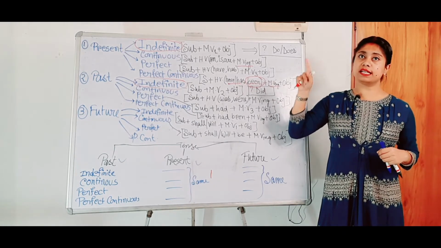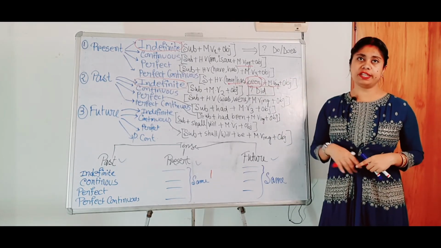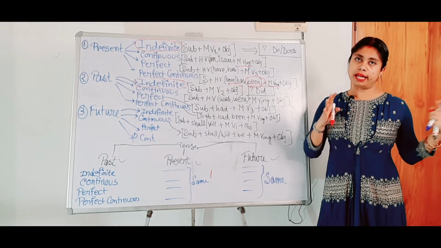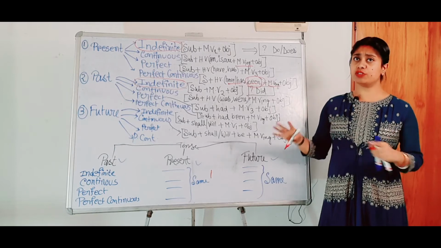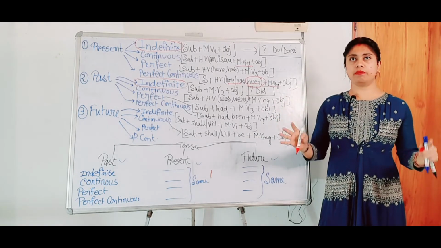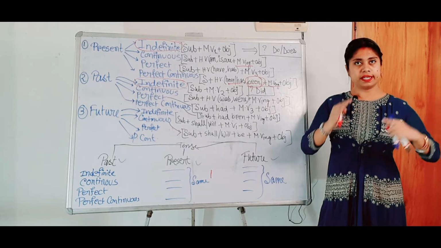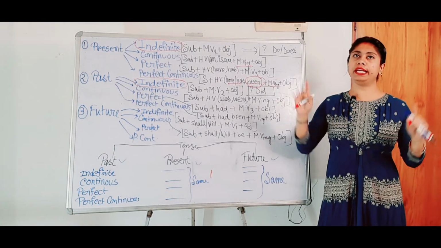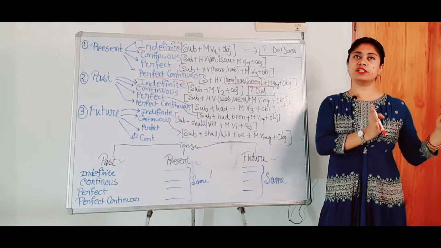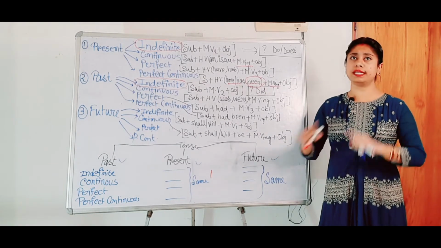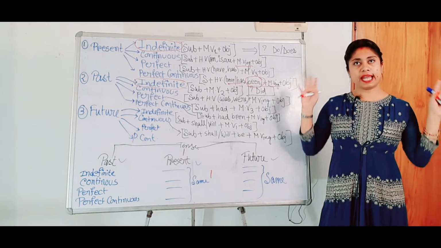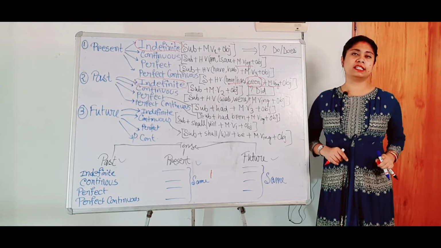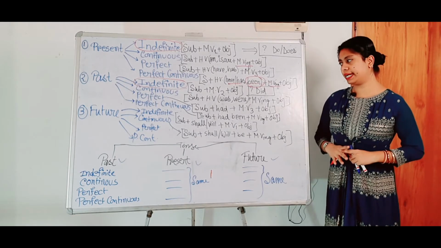Shall goes with I and we generally, but sometimes there are some extra rules that I'm not going to say in this video right now. But generally remember that I and we use shall, and for the rest, you, he, she, they, leaving the first person, second person, third person, singular, plural, with everything the word will can be applied. It will be the proper future tense then.